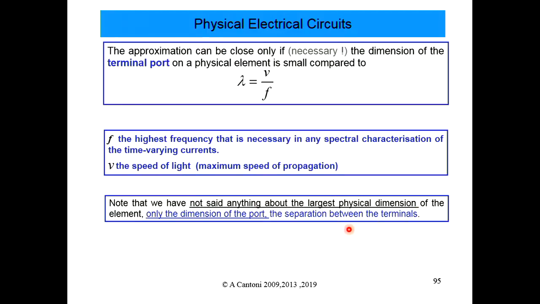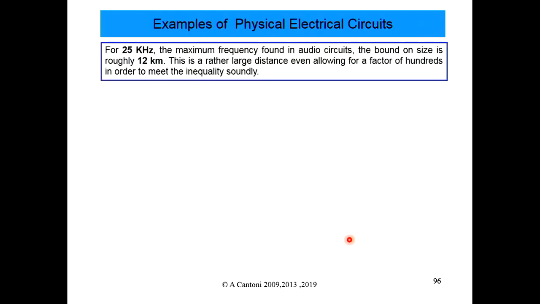But it doesn't say anything about a two-port model. Then we may have one port located in one position, another port located in another position. It may still be useful; you may still be able to apply circuit theory. It's just talking about the dimensions of the port. We may have differences between the actual position of the ports.